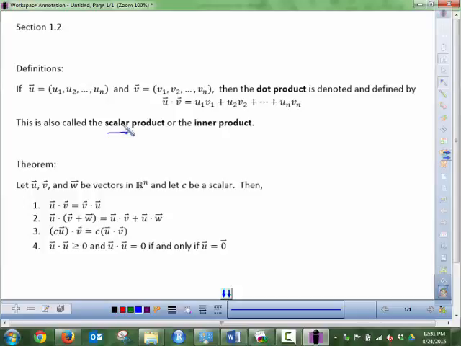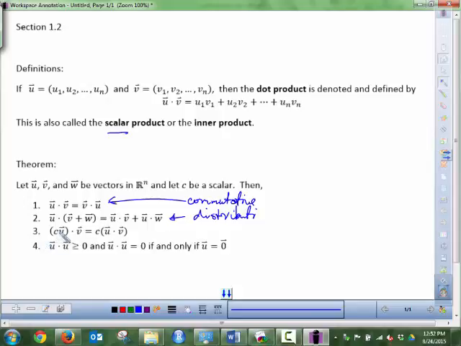So paired up with the addition of vectors, we can take a look at the dot product properties. The dot product is commutative. The distributive property holds. Now this is some form of associativity. It's associative with a scalar multiplication up in front.